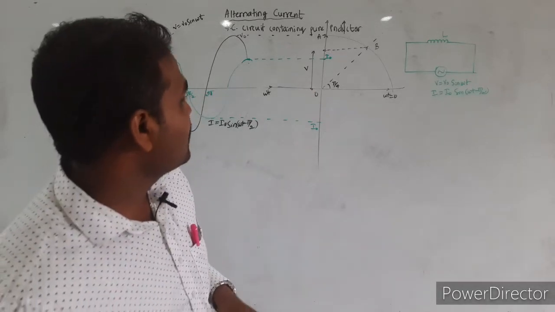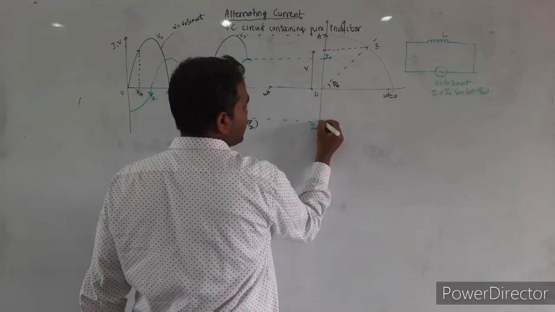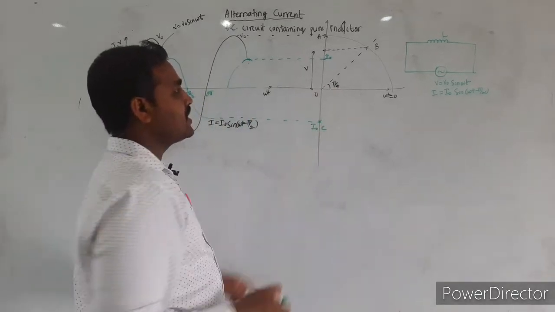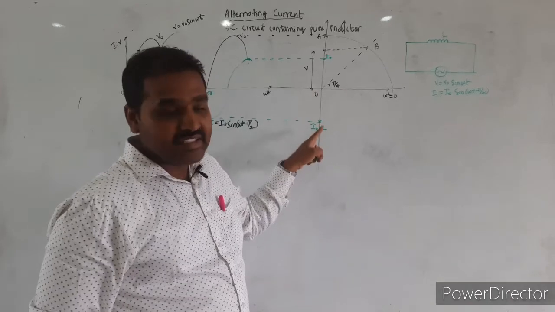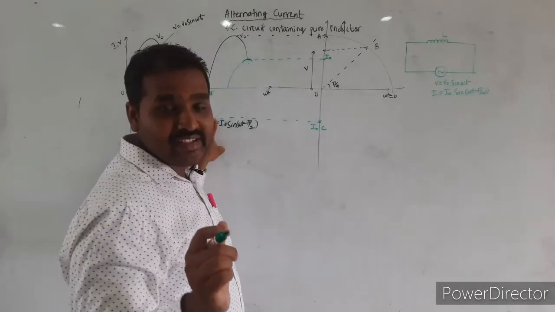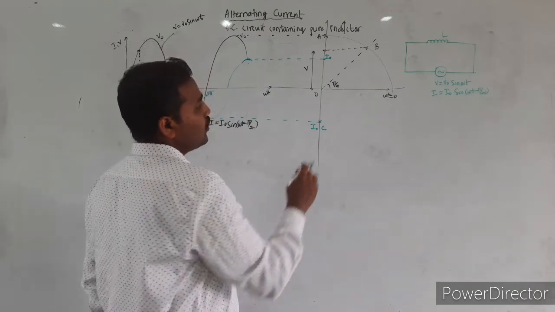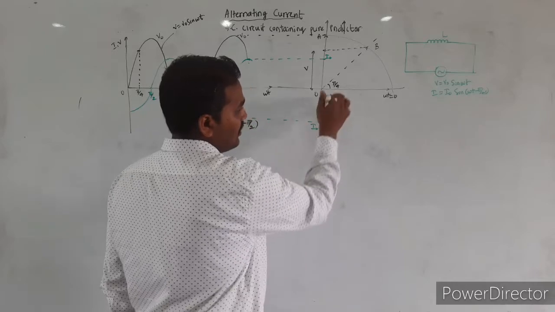Let me consider this is point C. This line O to C represents the current phasor when the angle is 270 degrees or 3 pi by 2 radians. Then why am I taking the lower side?